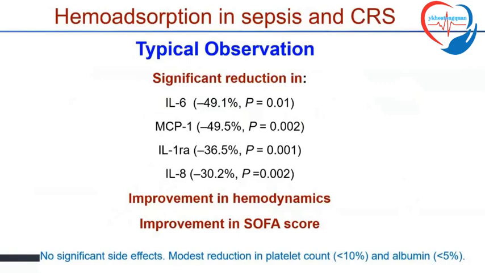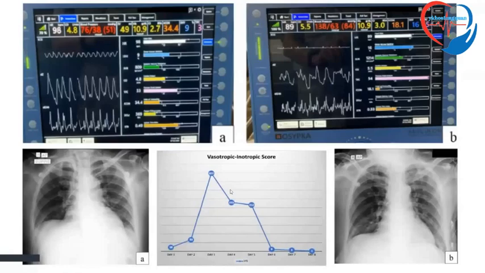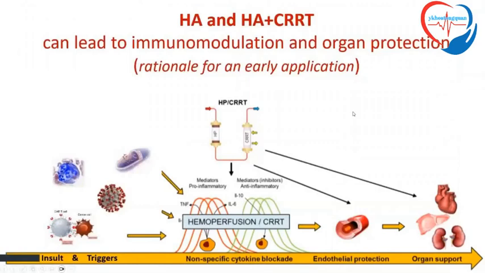Decrease in the circulating cytokines, improvement in hemodynamics, improvement in SOFA score. That's a very interesting approach with minimal or no side effects. And in fact, you see, for example, in a typical critically ill patient, a significant decrease of the vasoactive inotropic score with a parallel improvement of the quality of pulmonary exchanges, and significant improvement in hemodynamics.